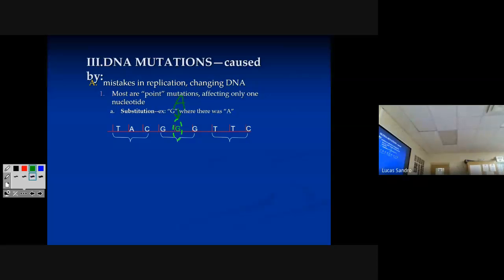I want the before and after. I want what 3 amino acids we had before the mutation, and what 3 amino acids we have after the mutation.